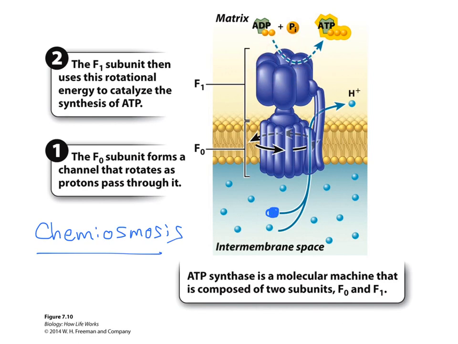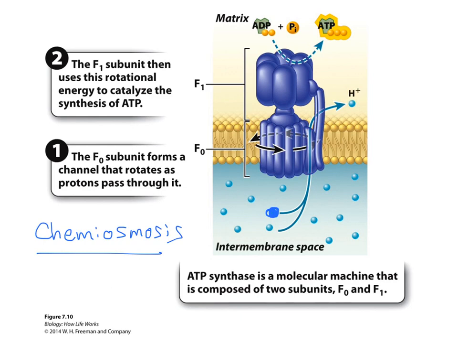The F1 unit then, as it's spinning, undergoes conformational changes that allow for the active site, our catalytic site, to undergo changes in shape that will cause the ADP and the Pi to bind together and form the ATP. The chemiosmosis part is this movement of the H plus.